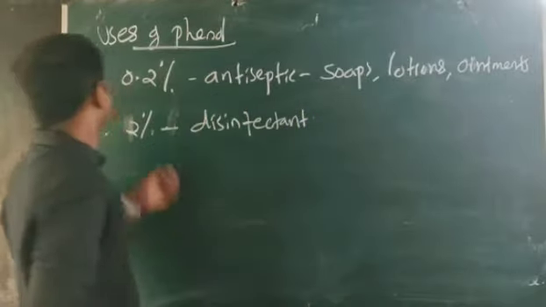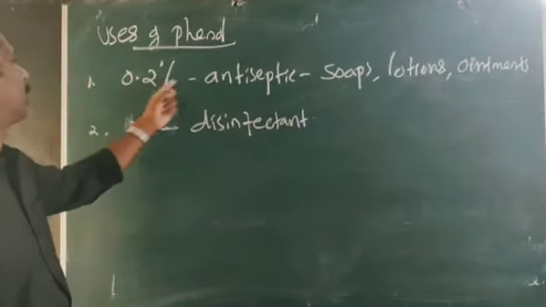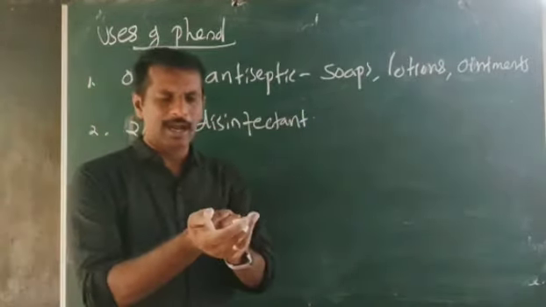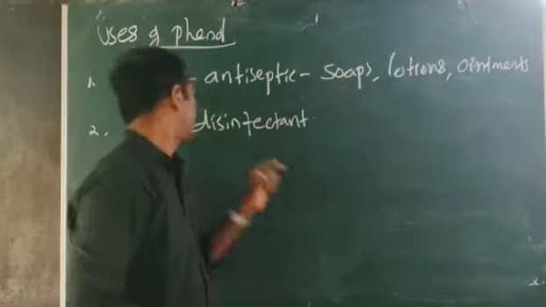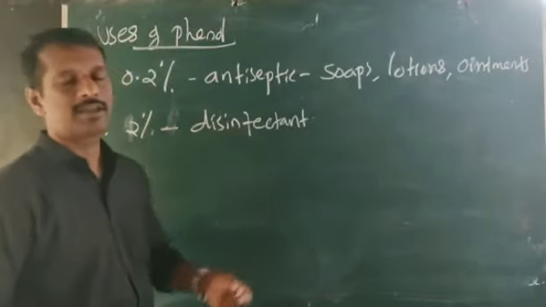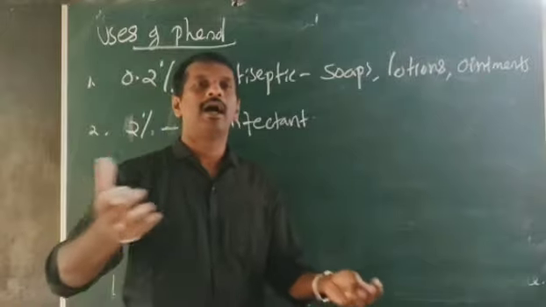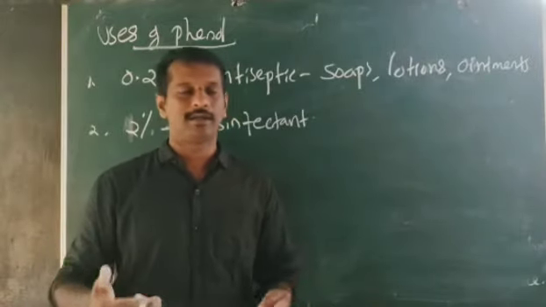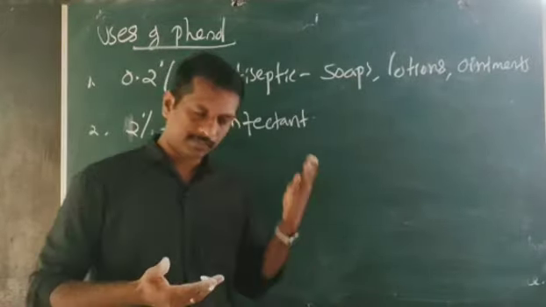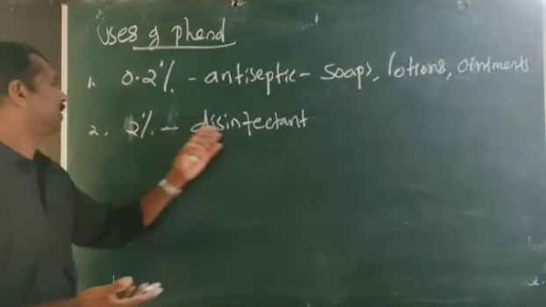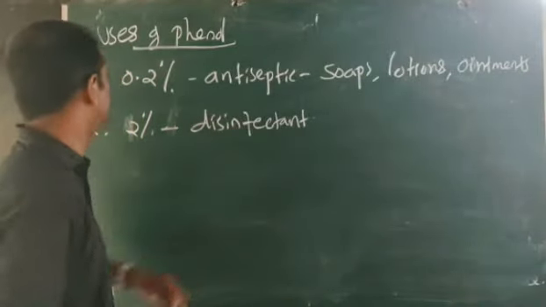Okay, so here you are using 0.2% as antiseptic for treatment of wounds, cuts, etc. And here it is used as a disinfectant for cleaning our floors or other utensils, etc.